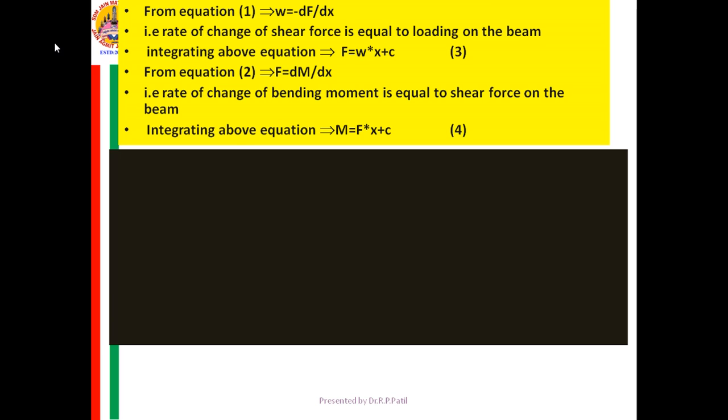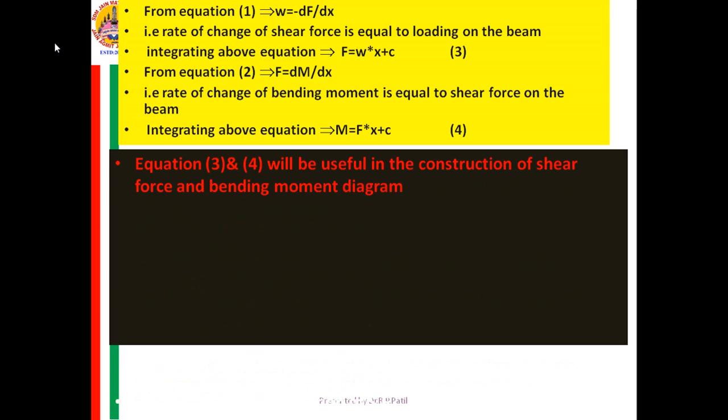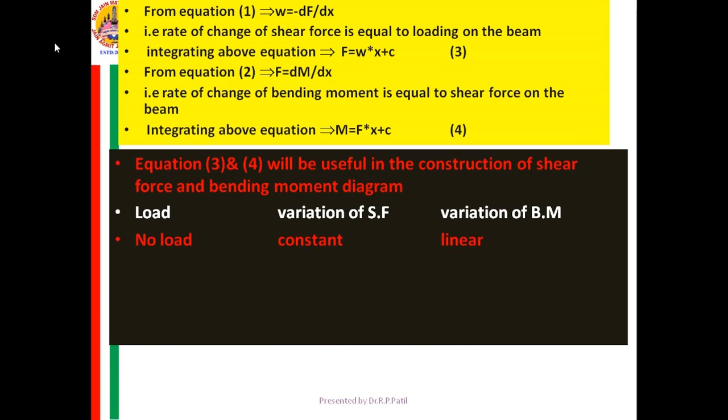That is M is equal to Ax square. It is a parabola. Like that, after practicing the problems, you will come to know what exactly I am telling. But anyhow, these are the variations.